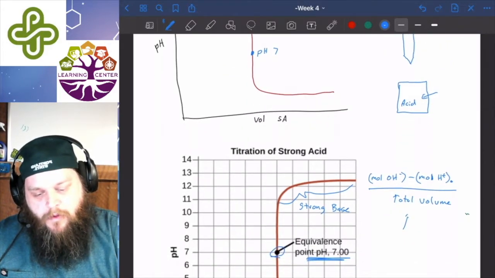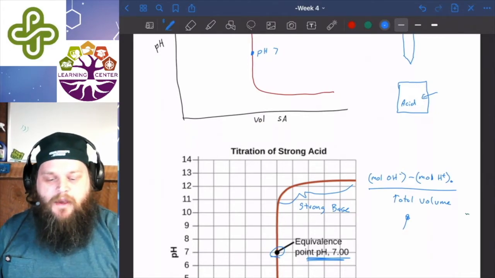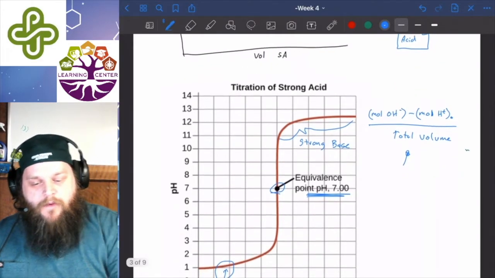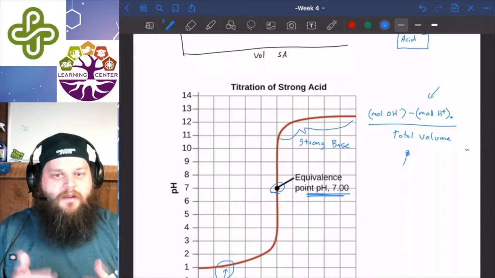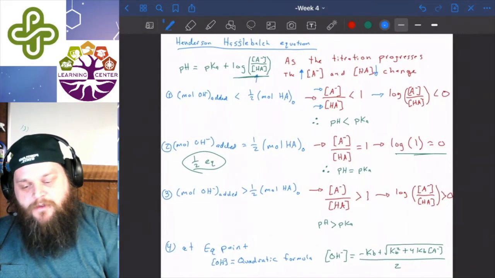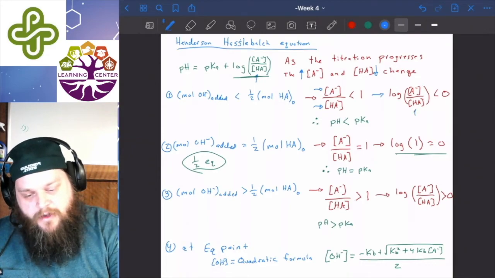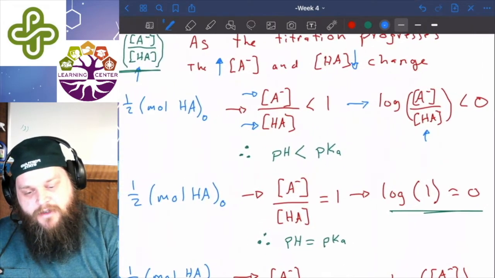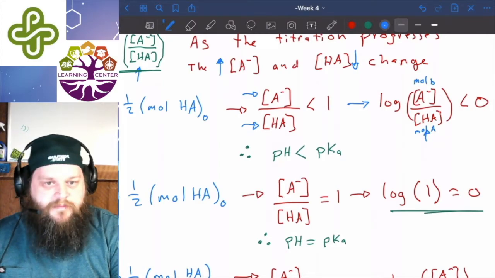So for the strong acid, strong base, the volume was really important because we were using this type of equation to determine the moles, and then we had to divide by the volume. For the buffer situations, since all of this is based off of the ratio here, I can write that ratio as the moles of the base divided by the moles of the acid instead.